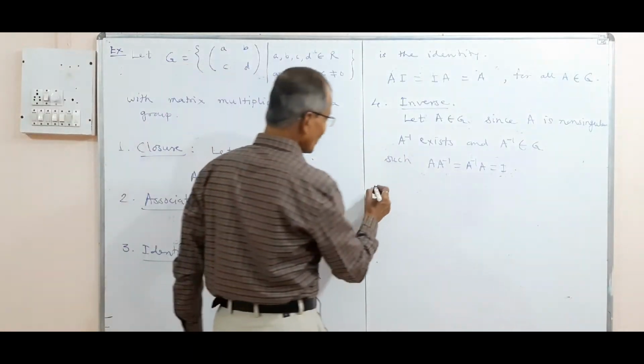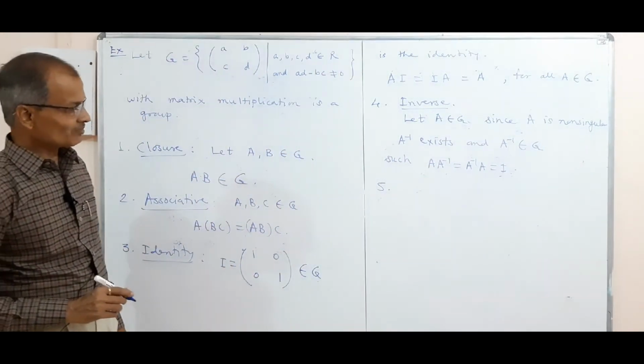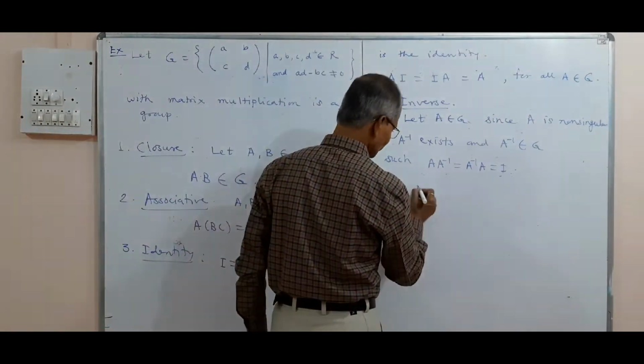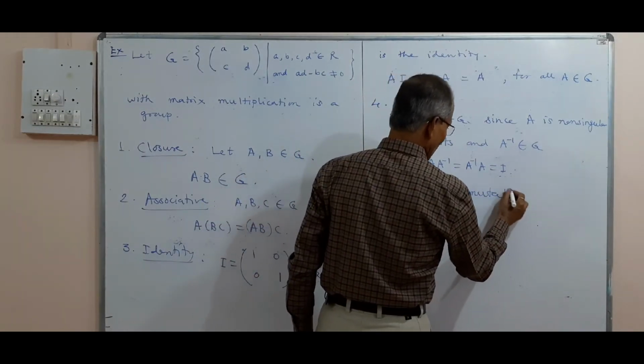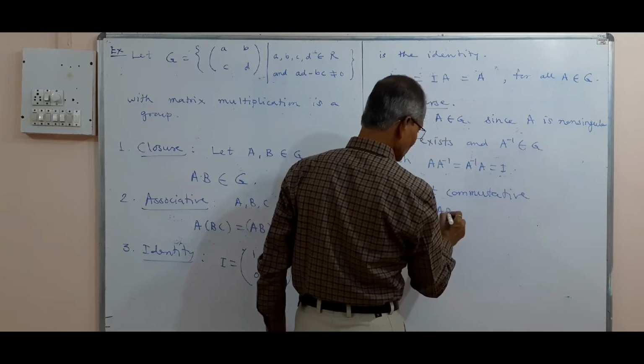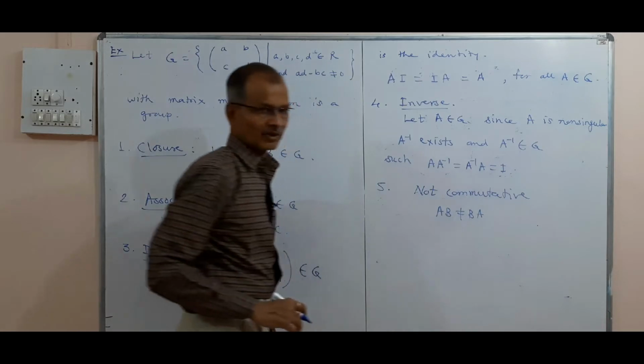Now the optional property is whether it is commutative, and we know that matrix multiplication is not commutative. In general, A into B is not equal to B into A, and therefore this is a non-abelian group.